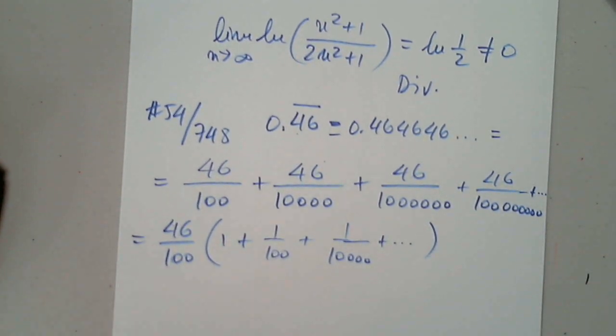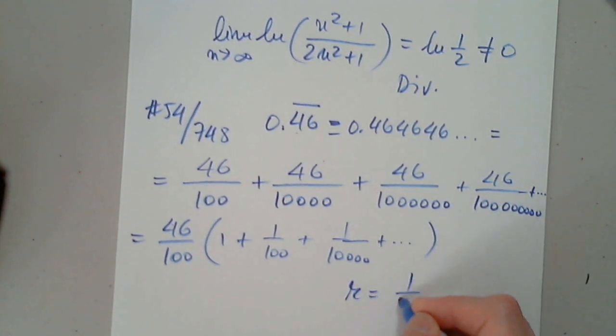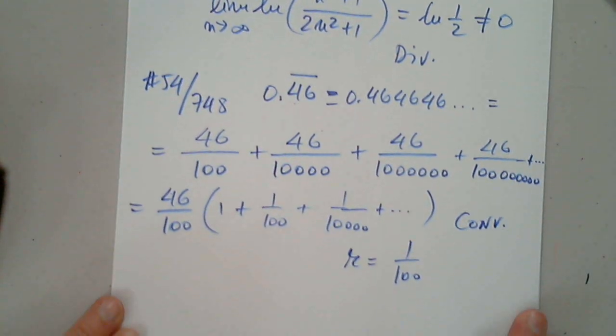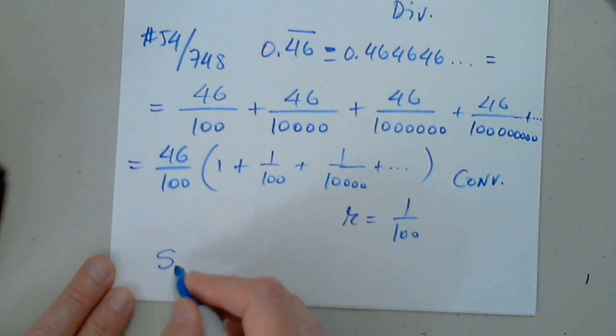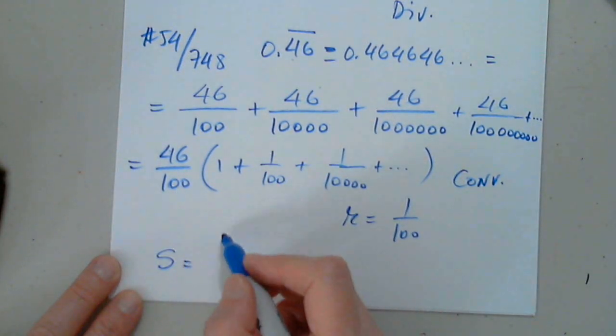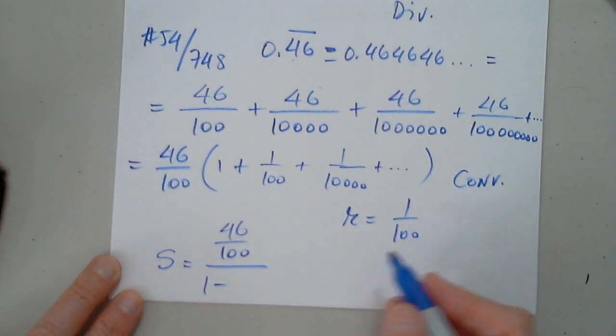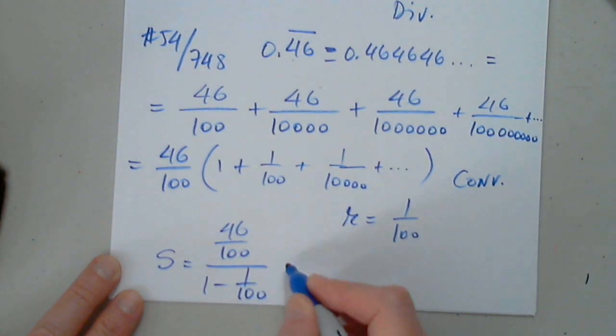As you see, this is a geometric series, and it is convergent because the common ratio is 1 over 100. And what is the sum? The sum will be a, 46 over 100, divided by 1 minus 1 over 100.